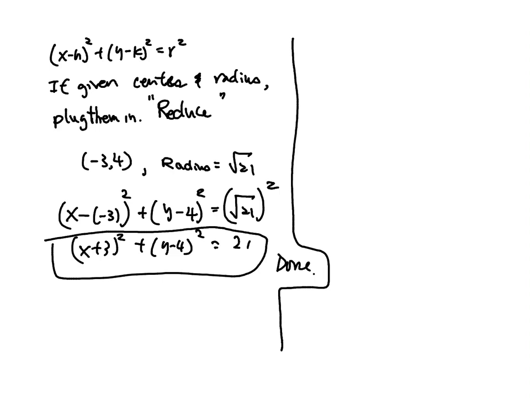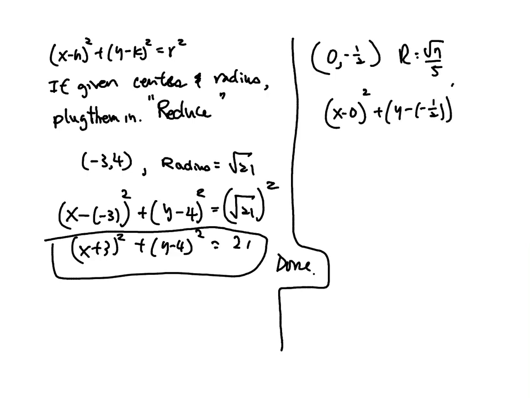Part B, same idea. You have 0, negative 1/2, and the radius is the square root of 7 over 5. Let's start by plugging in all the numbers. X minus 0 quantity squared plus y minus a negative 1/2 quantity squared equals the square root of 7 over 5 quantity squared. X minus 0, you can just write as x squared.